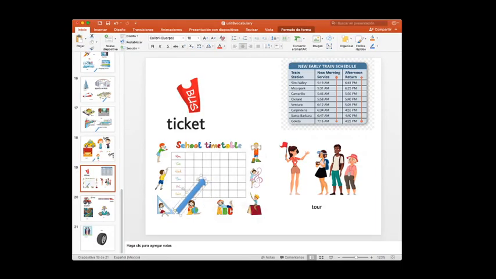Okay? So that is the timetable. And when we are talking about a schedule, it's different because a schedule shows the activity, the time of start and the time of ending of this activity. That is the schedule. And the square divided is the timetable.